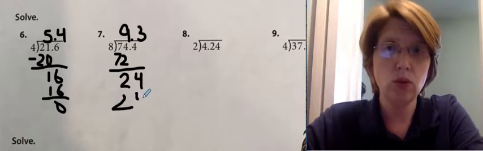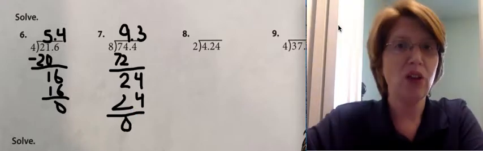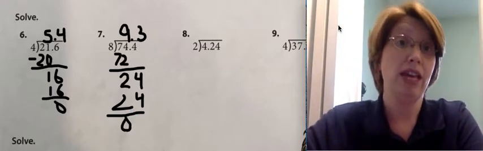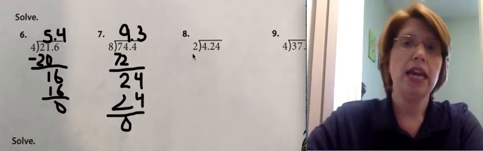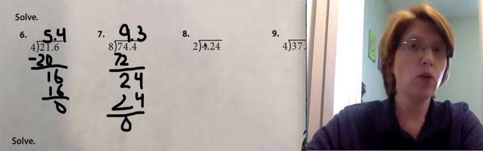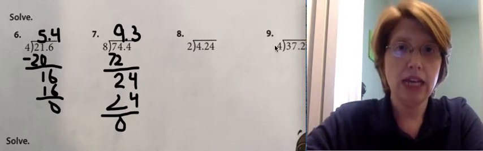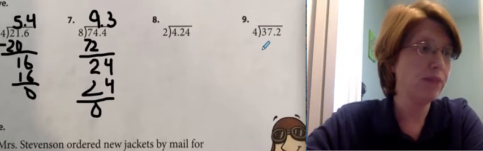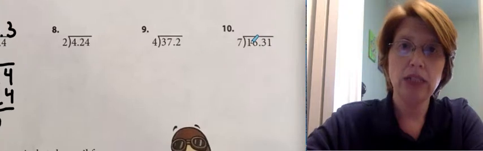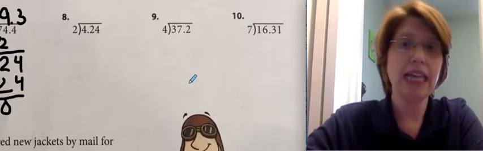And we have no remainder. Right? Okay, so keep up just that way. So you divide normally, bring up the decimal when you need to. Here, your 2 is going to go into your 4, right? Good. And then here, your 4 can't go into 3, so it's going to go into the 37. And on 10, 7 can't go into 1, so it's going to go into 16.